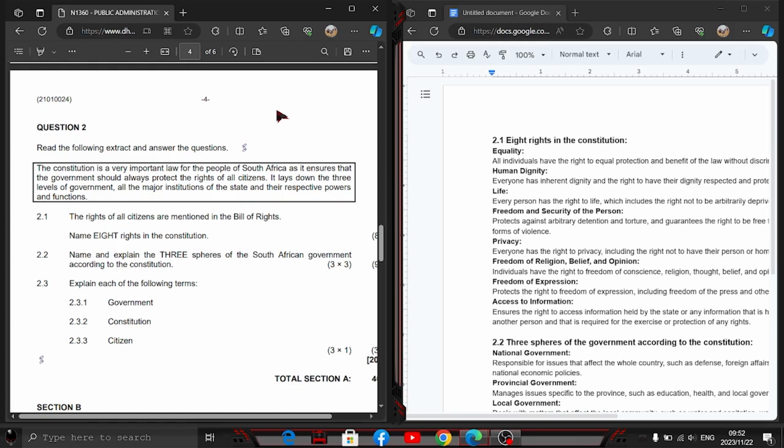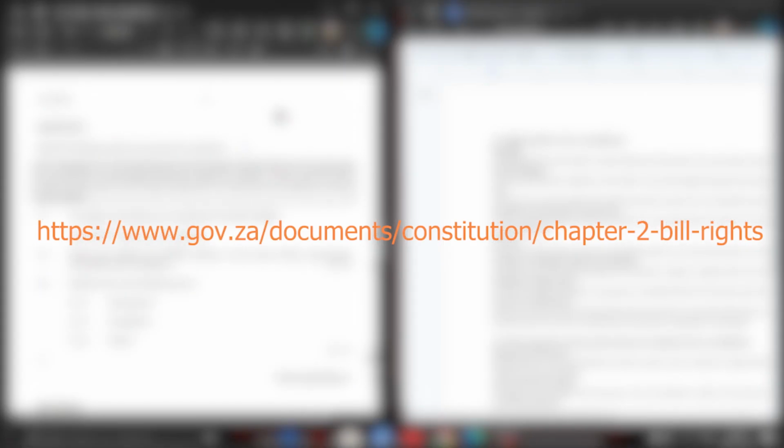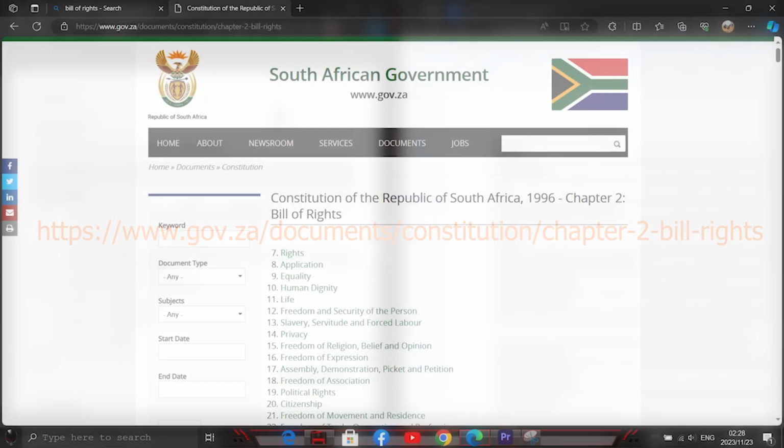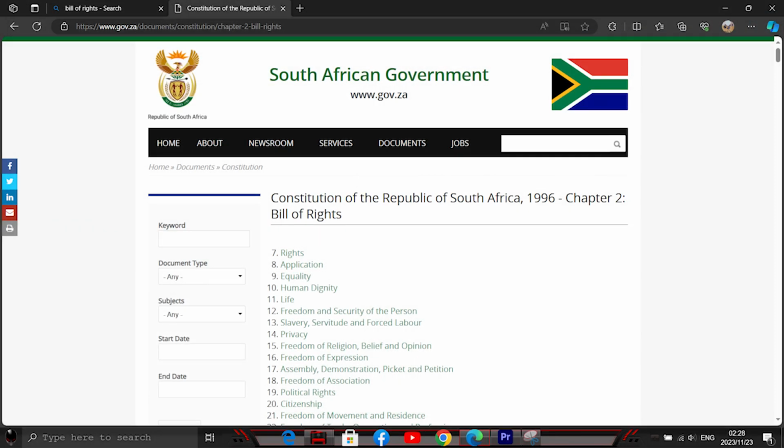So all these rights are written down in what we call the Bill of Rights. I am gonna give you guys the first 8. There are a number of them on the Bill of Rights. Best advice is that you get the Bill of Rights from the government website and you go through it to know all the other rights. I'm just gonna pick the first 8.